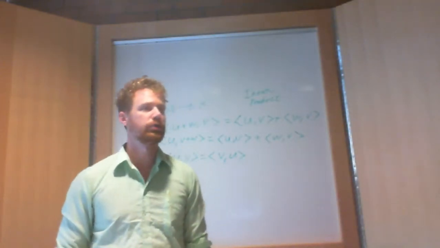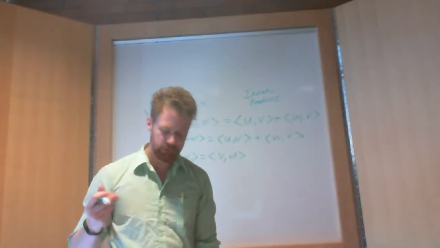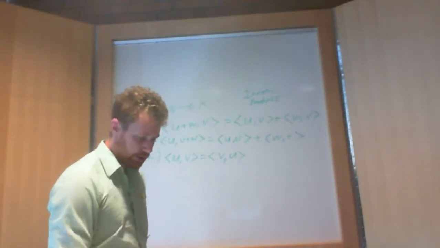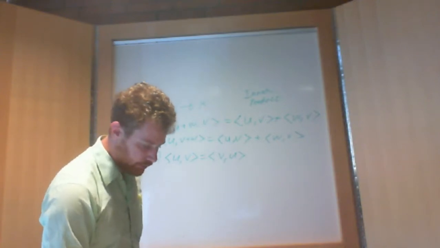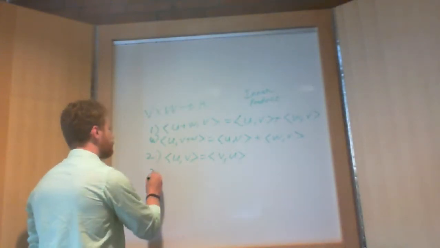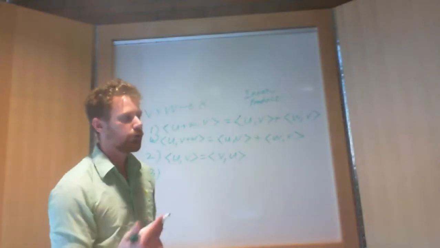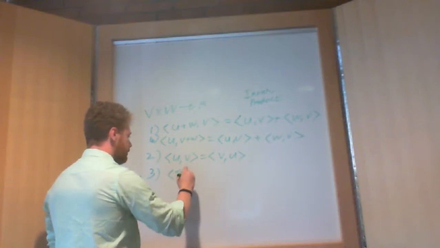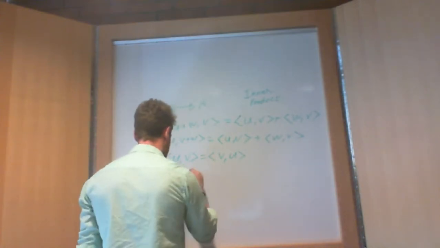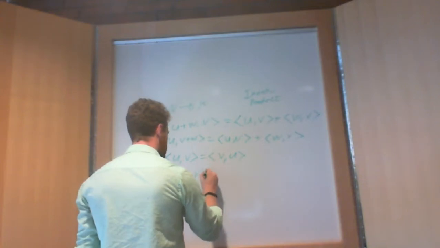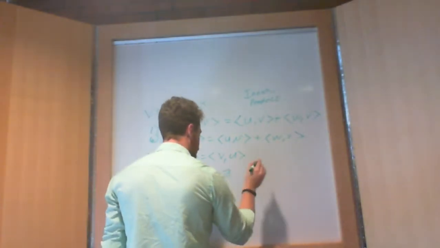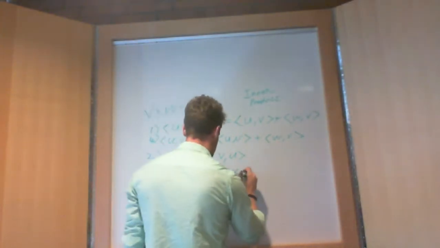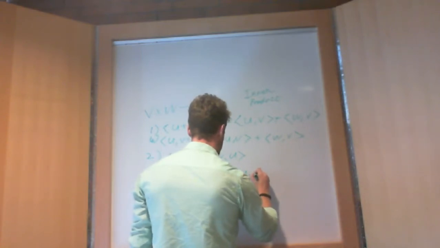The third property is what I think they call first degree homogeneity in the first argument. If we have some scalar a multiplied by u and v, we can bring it out to the front, and we have a<u, v>.